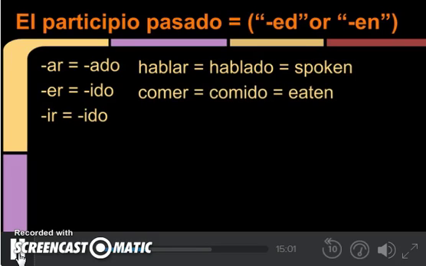We're going to be putting the word have or has in front of it. So comido, se dice eaten. Vivir, vivido, lived. So if you imagine those English participles, spoken, eaten, lived, with the word have or has in front of it, that's how we get to the true translation in Spanish.